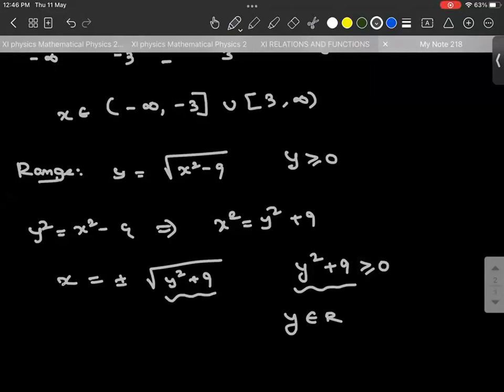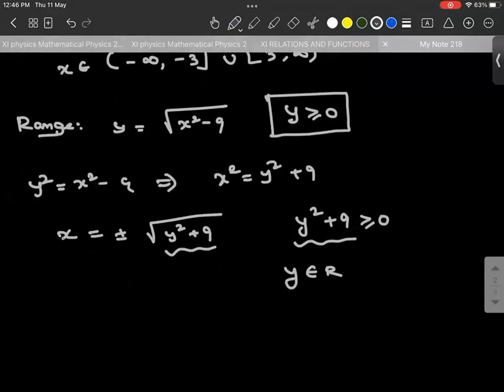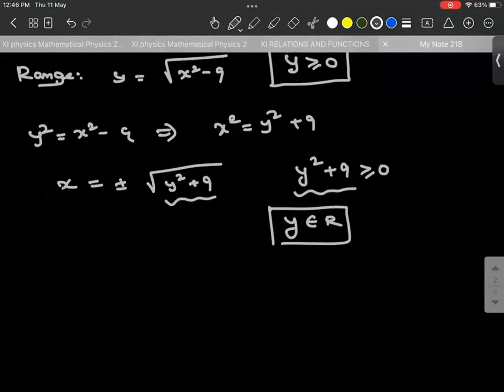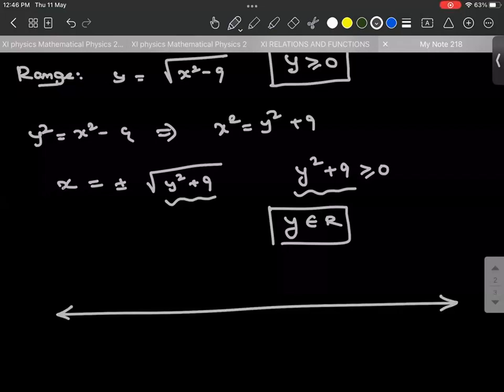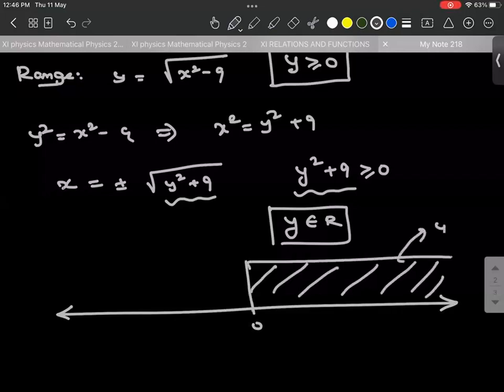But here, how many conditions did I impose? 2. One is y should be greater than or equal to 0, and the second is y belongs to R. So when I draw the line like this, this is 0. Y greater than or equal to 0 is this part, so is it 0 to infinity? Yes.